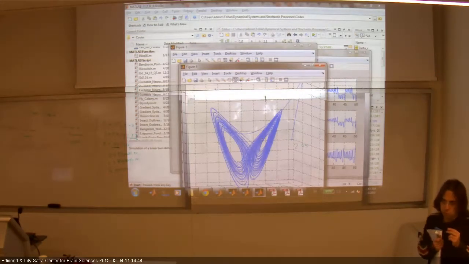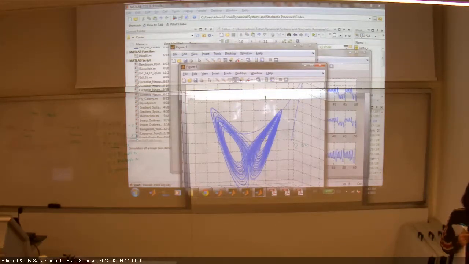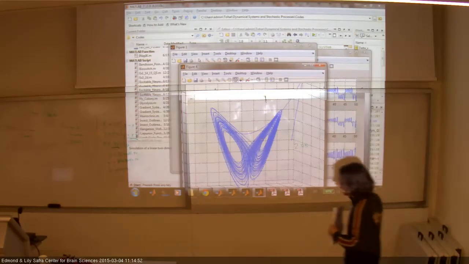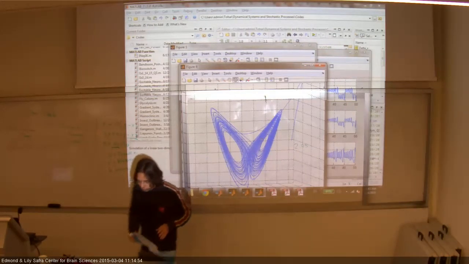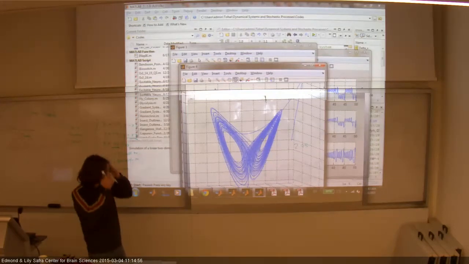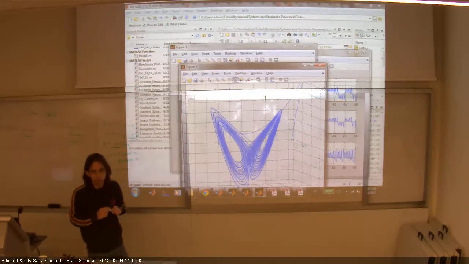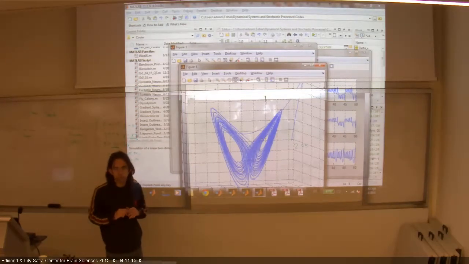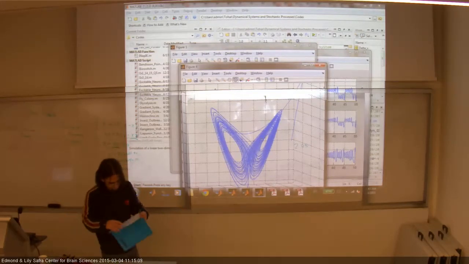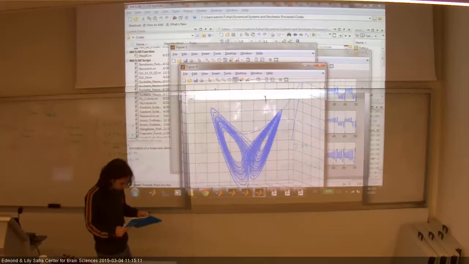And if you want to know about fractal dimension, there is a very good chapter in the Strogatz book dedicated to fractal dimensions, which basically deal with shapes that are not of dimension 1 or 2 or 3. They are something in the middle. So I really recommend that chapter in the book. If I had time, I would have covered it as well.